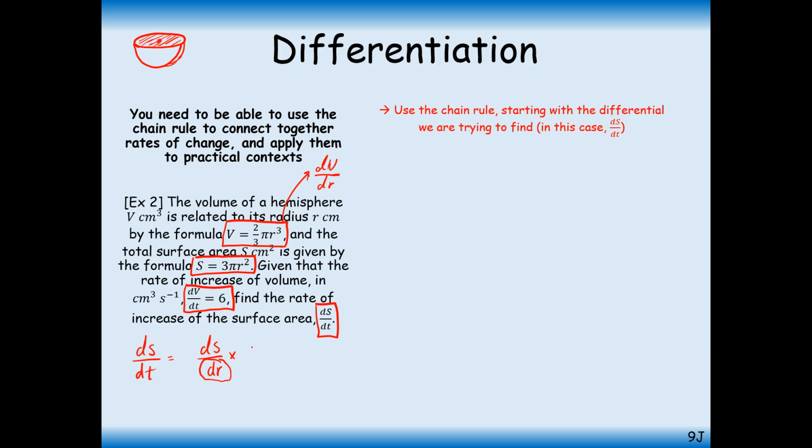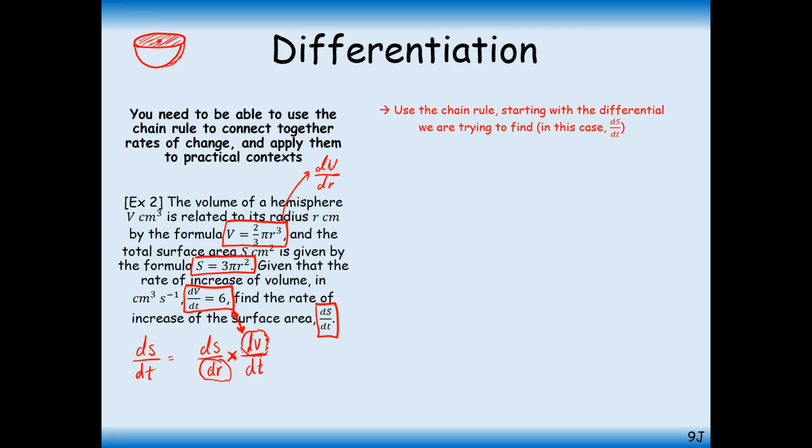Well, the piece of jigsaw that's missing is the fact that we do have dV by dt. That's given to us here, and it's 6. So we can replace that here. But we need to get rid of this dr and this dV. How can we get rid of these two expressions on top and bottom of the fraction?